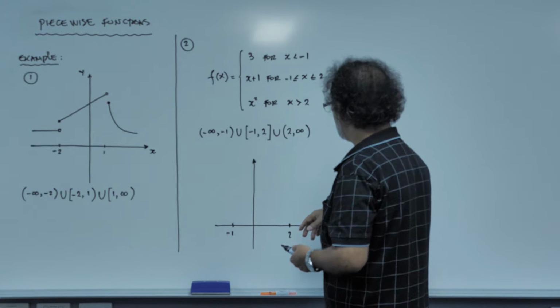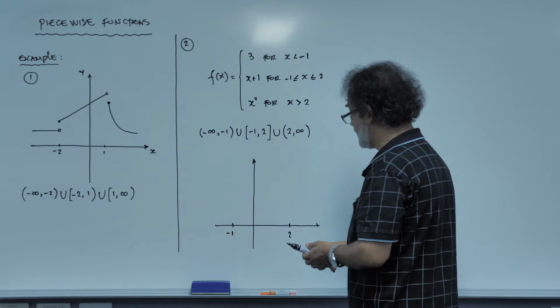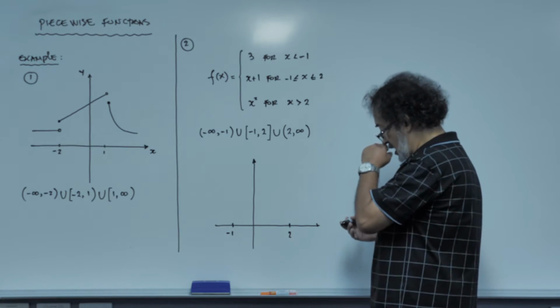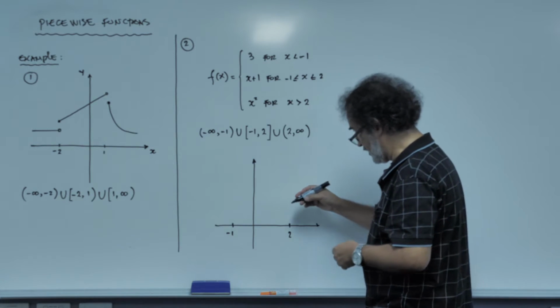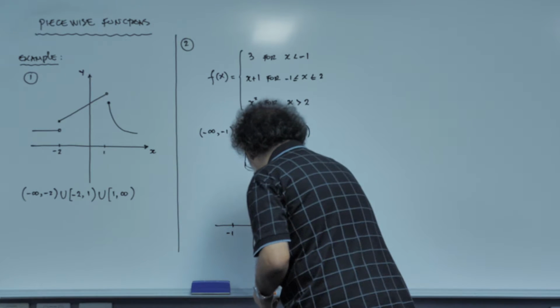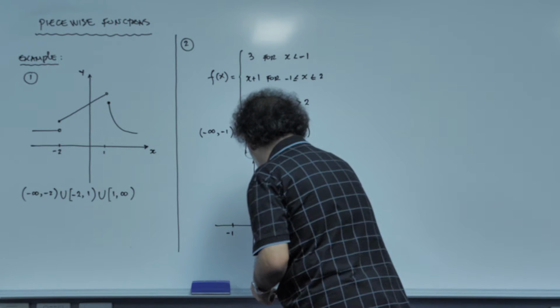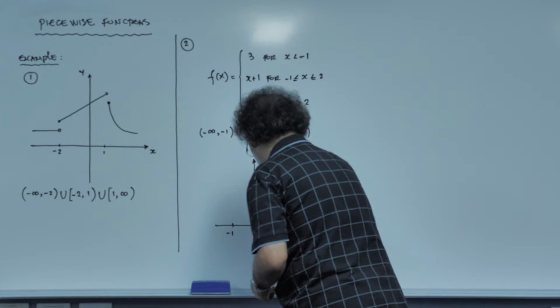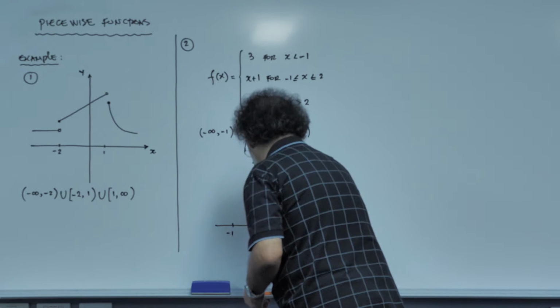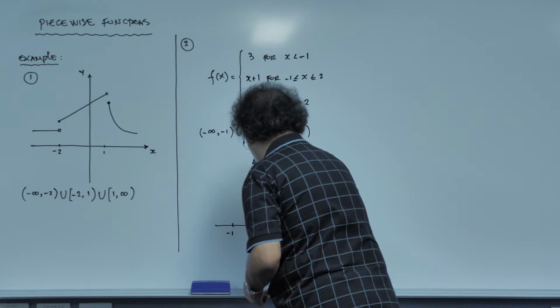They say that the function is going to be equal to +3 up to and not including -1. So I'm going to mark 1, 2, 3, and 4.